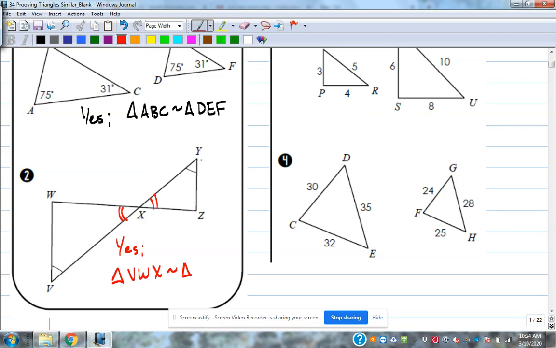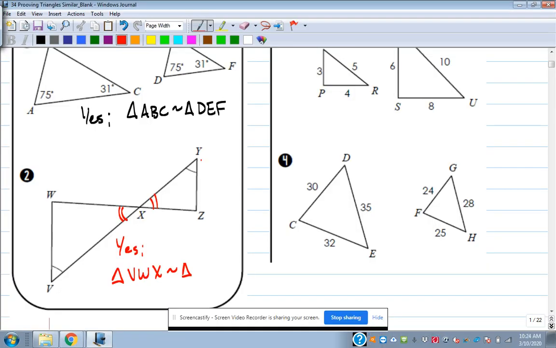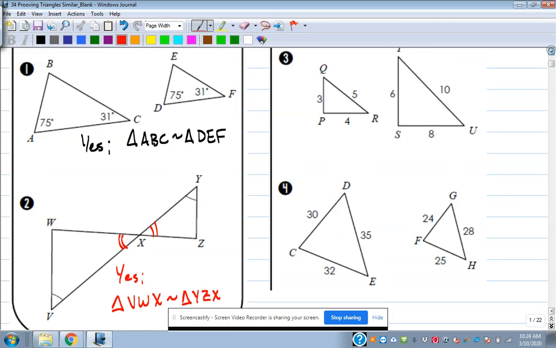So our corresponding angles are V and X. So this one would be Y and then Z and then X, because we need the corresponding angles to be at the ends of our statement there. So YZX would be our similarity statement for that. Okay. So 2 angles congruent, or corresponding angles congruent, you can get triangles similar.